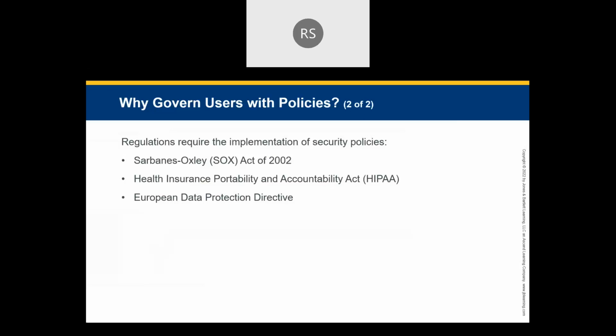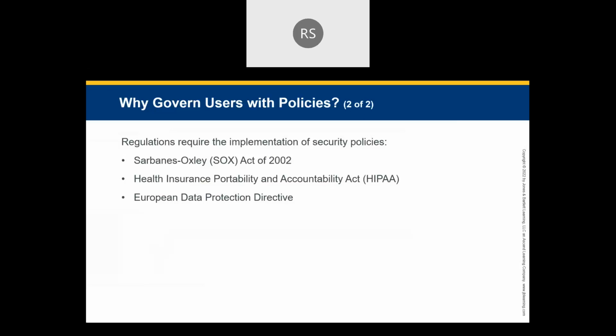Now, user domain policies do play an important role in defining access controls, segregation of duties, and data protection measures that allow an organization to comply with the SOX requirements. HIPAA sets the standards for the protection of personal health information and privacy rights for individuals.